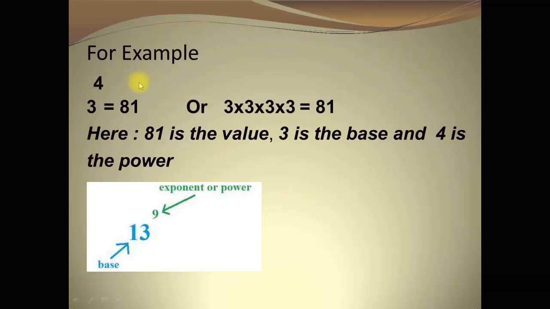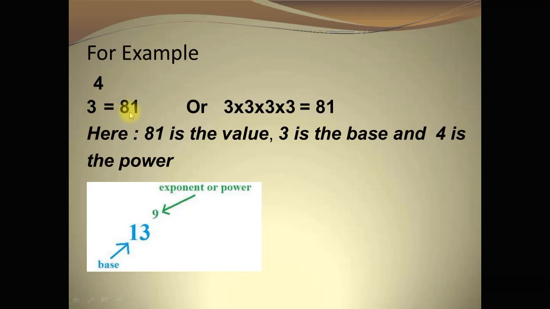For example, we have 3 power 4. 3 power 4 means 3 multiplied by 3 multiplied by 3 multiplied by 3, which is equal to 81. So 3 power 4 is equal to 81.